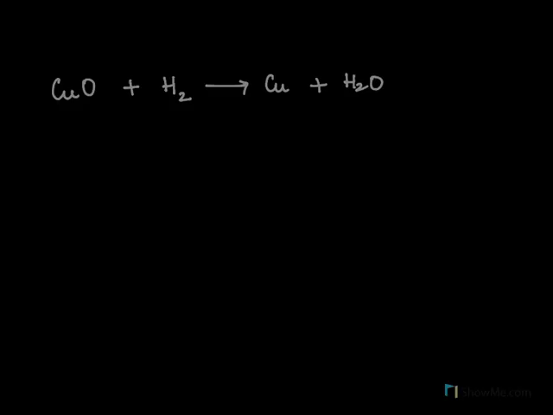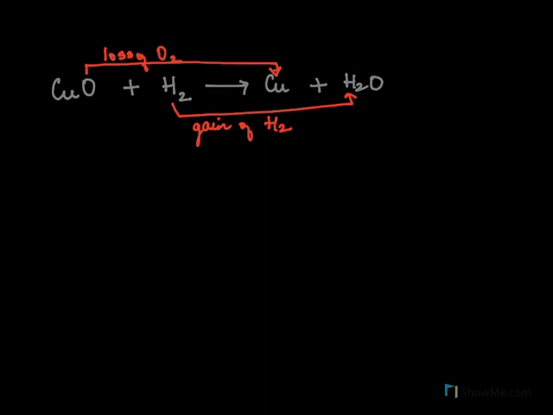Now look at this equation. Copper oxide reacts with hydrogen to give you copper plus water. Copper oxide turns into copper, and when copper oxide is turning into copper, there is a loss of oxygen. And in the next case, hydrogen is becoming water. H2 becomes H2O. There is a gain of oxygen.